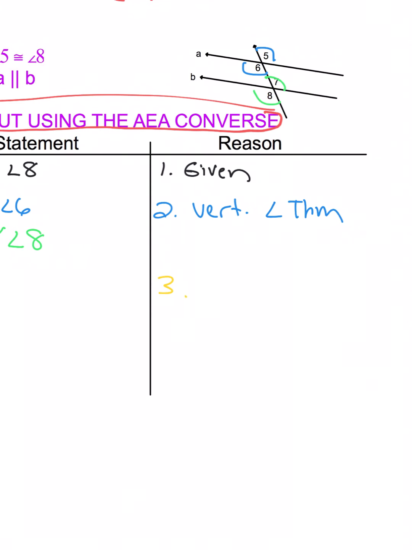Now, just like our proofs in the last chapter, do you see anything here that repeats? So let's get rid of them. Right? 5 repeats, 8 repeats. So now I'm left with angle 6 being congruent to angle 7 using the transitive property.